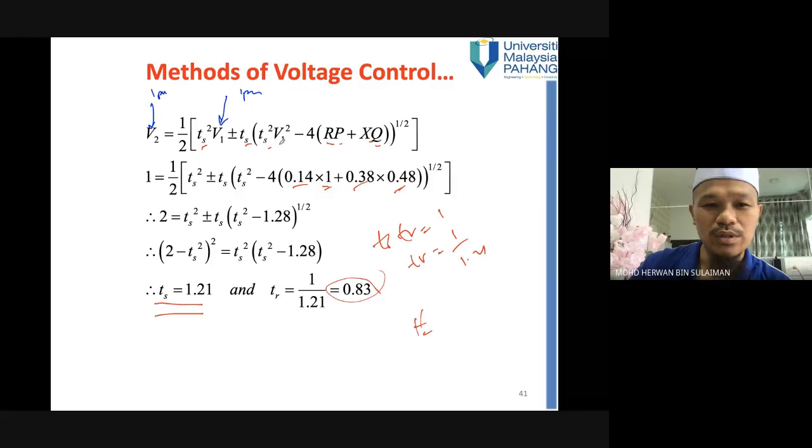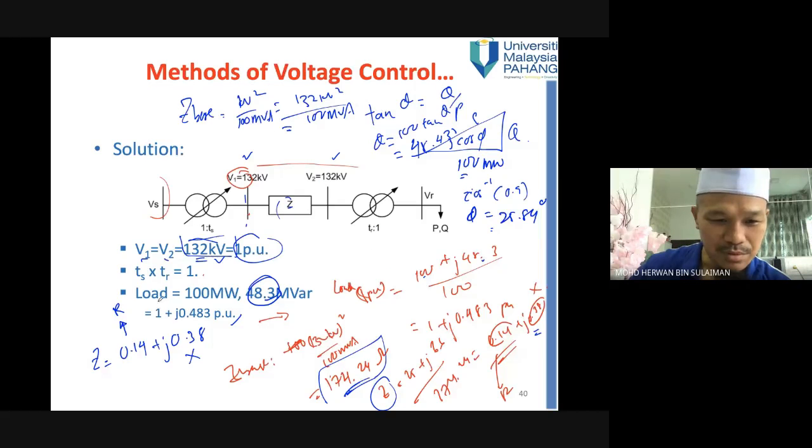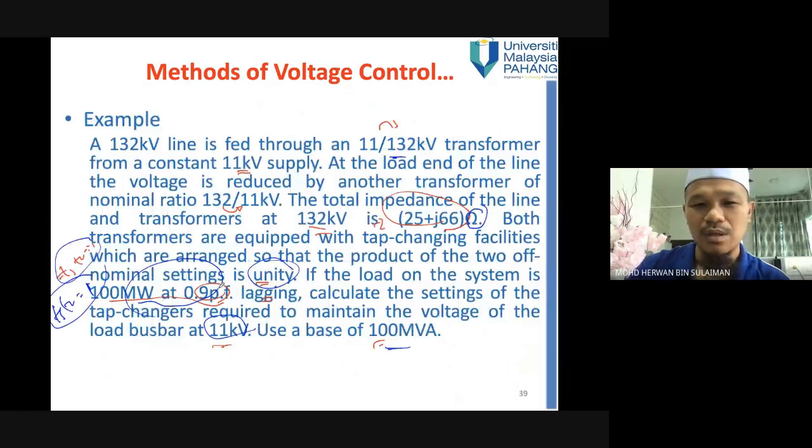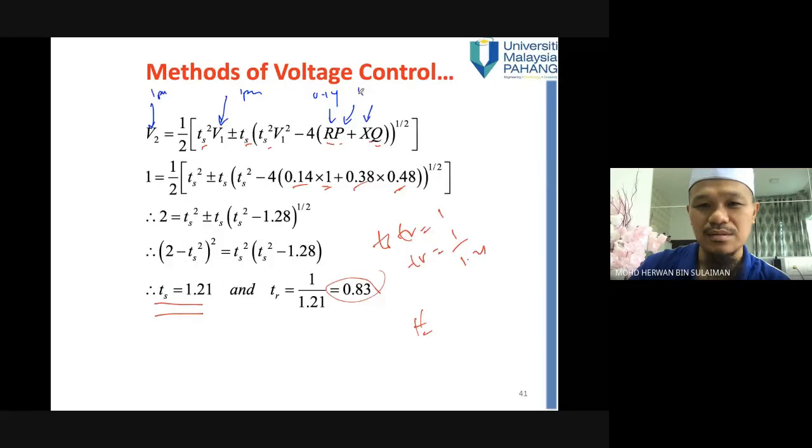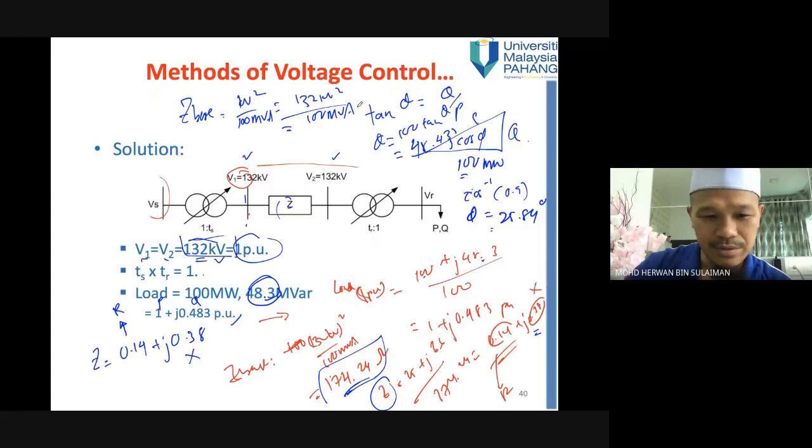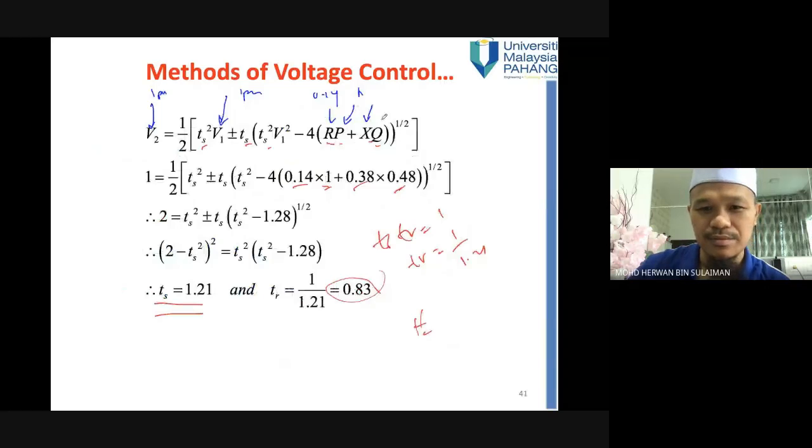So we know our R in per unit is 0.14, and then we know our P is 1 per unit. This is your P, this is your Q. And then we know our X, X is 0.38, and our Q is 0.48.